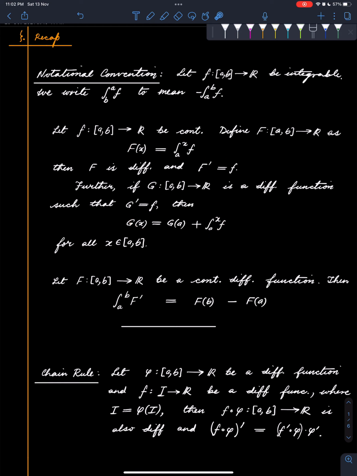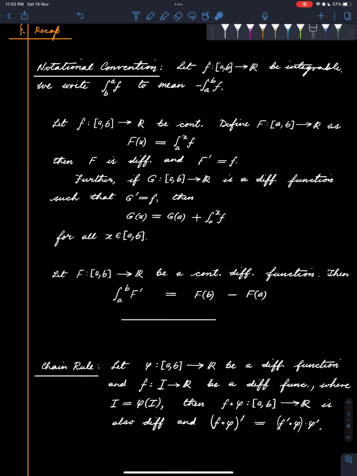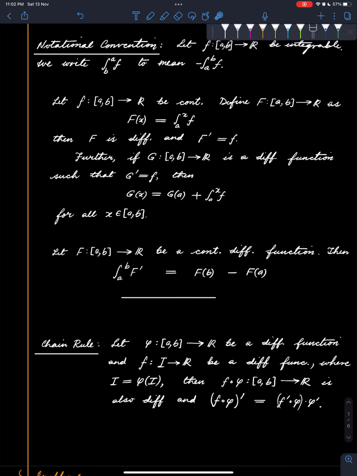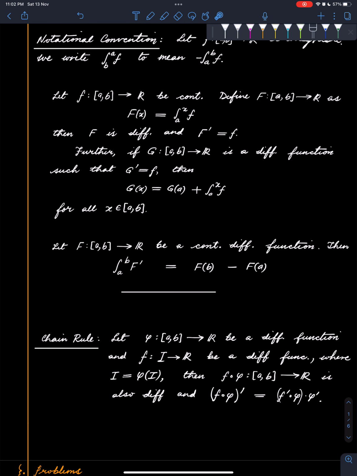I say essentially because there is a little bit of room for choosing this constant to be whatever you want. We could very well have taken F(x) as this plus whatever constant we want, and it wouldn't change a thing because the derivative of a constant is 0. Anyway, this is what we call the fundamental theorem of calculus.